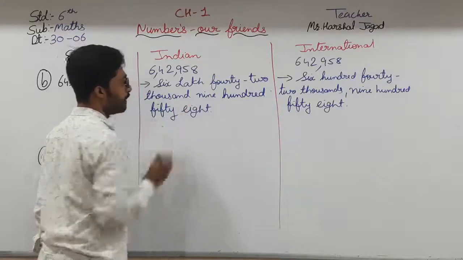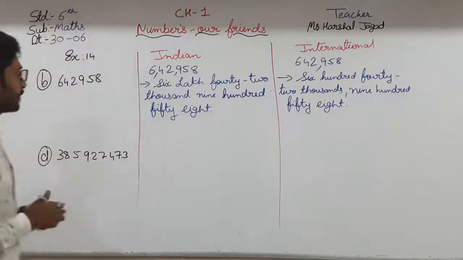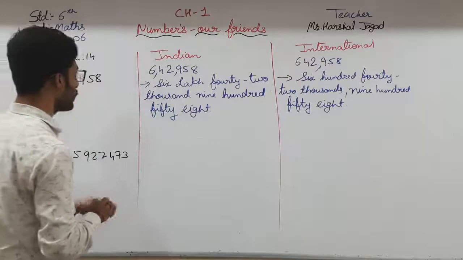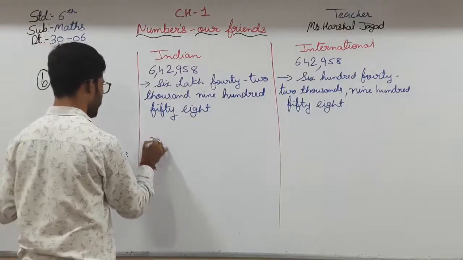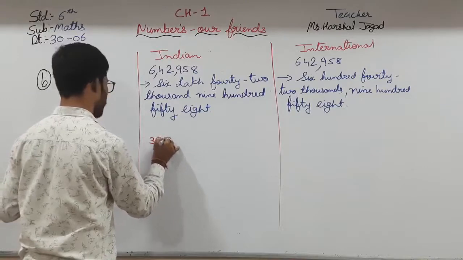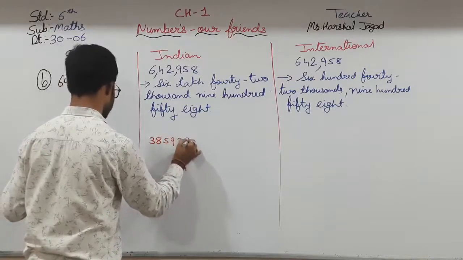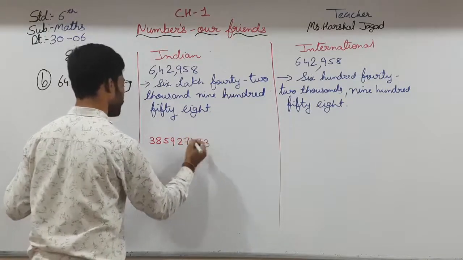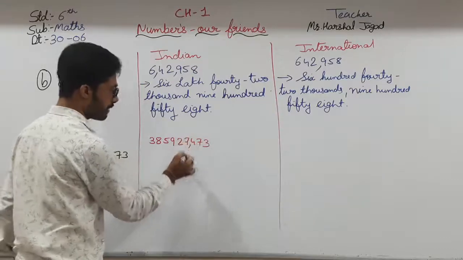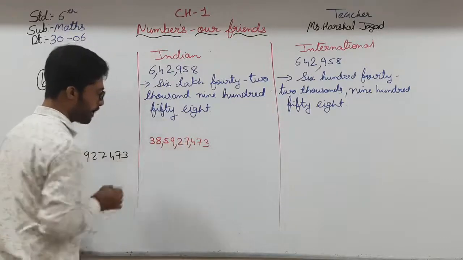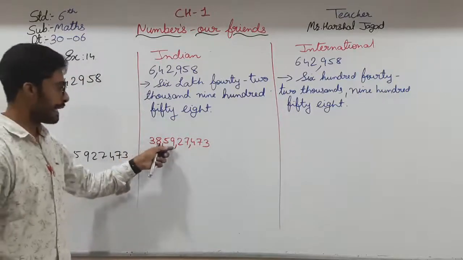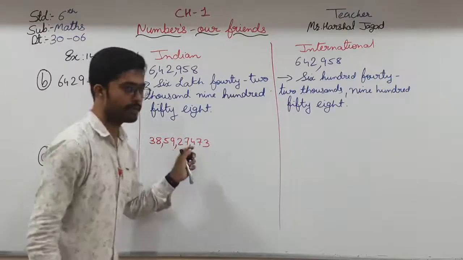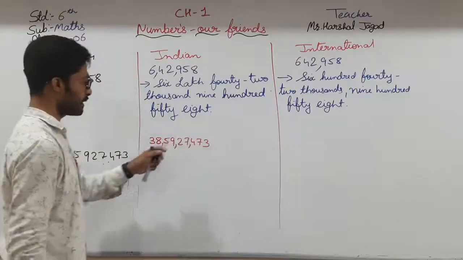Okay, now write down, and I am just writing the second one. According to the Indian system of numeration, here it will be 38859274773. This is the crores period, lakhs period, thousands period, and this is the ones period.